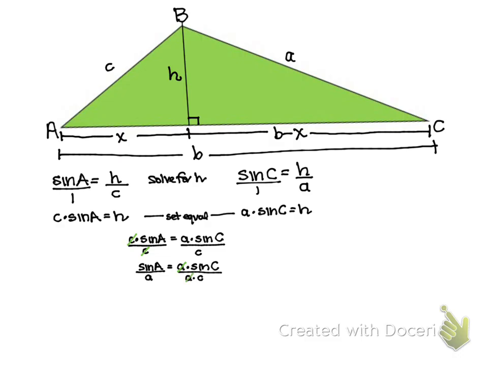I could have done it at the exact same time. So this gives me sine of A over a is equal to sine of C over c. So there's part of the reason why we have the ability to do law of sines. If I dropped the height somewhere else, then I could have also done sine of B over b.